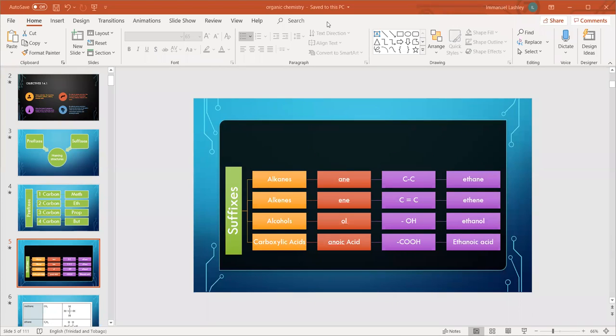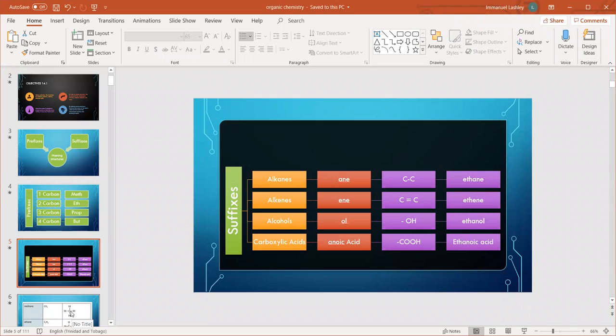An example of an alcohol is ethanol. An example of a carboxylic acid is ethanoic acid. Now, ethanoic is only one example. We could have used propanoic, butanoic, or pentanoic. All these would represent carboxylic acids.